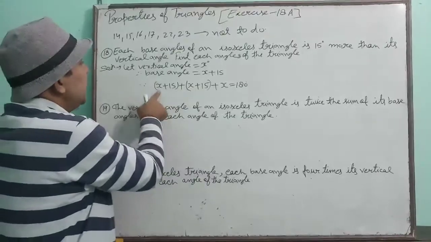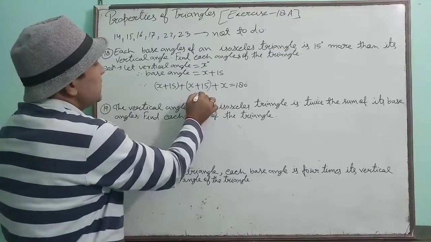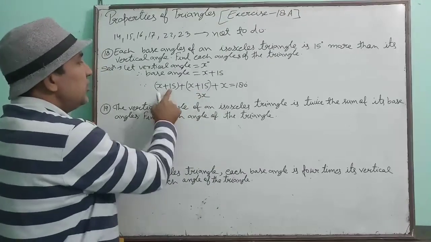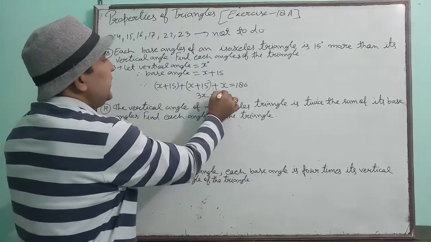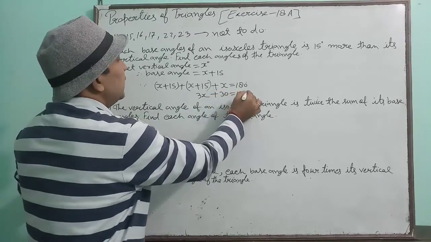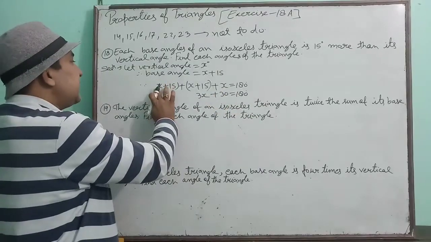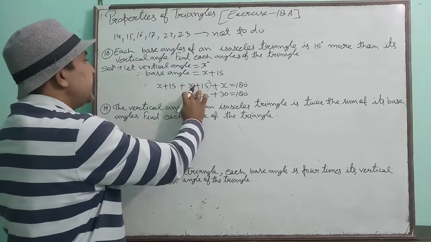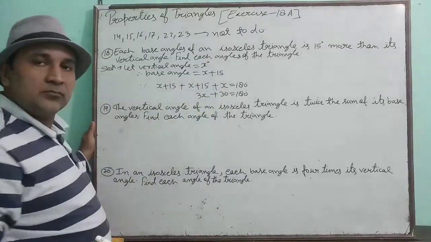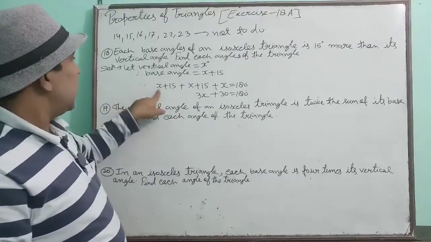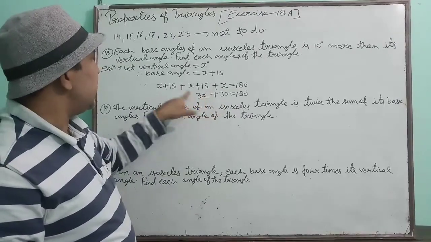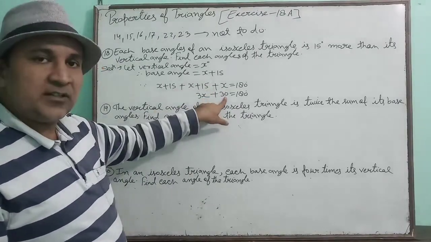Now solve. x plus x plus x is 3x, 15 plus 15 is 30. This bracket is not necessary to write here.